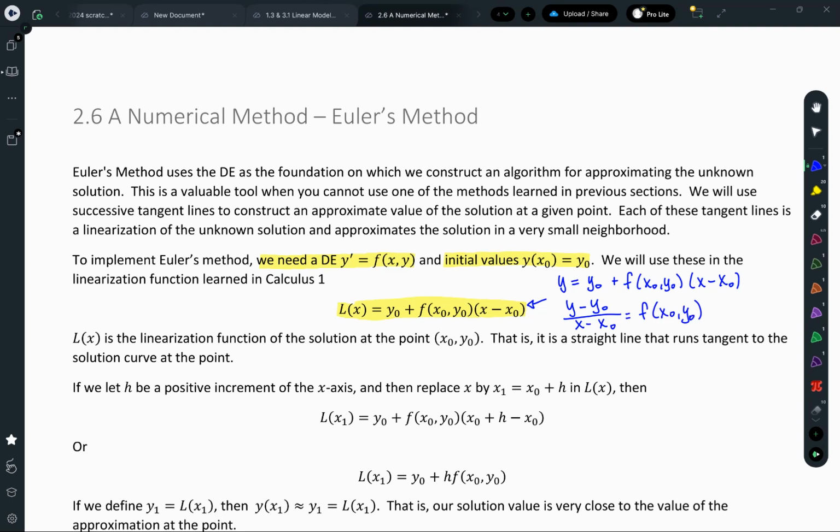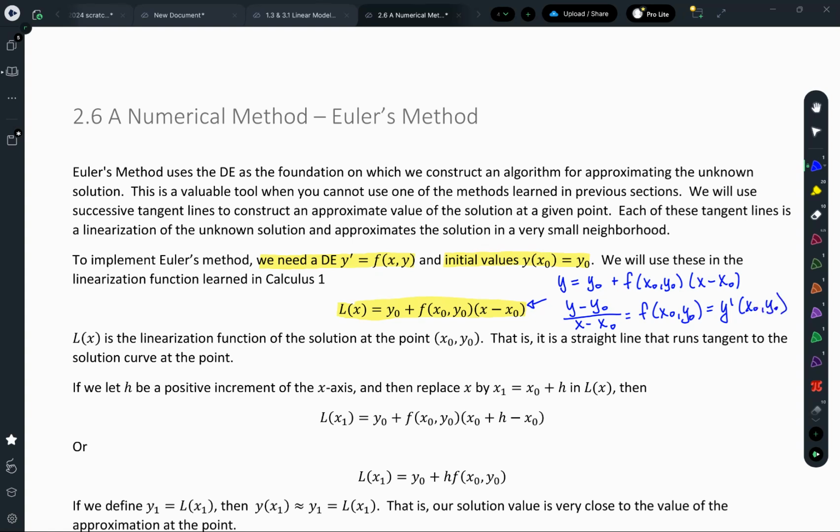And f of x naught, y naught is simply the y prime function, or I guess y prime evaluated at x naught, y naught.